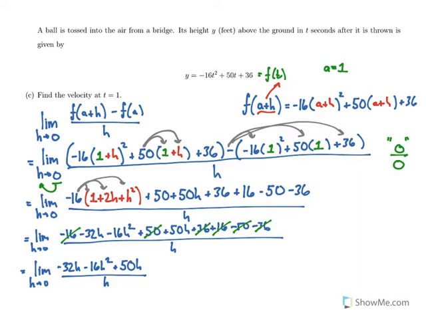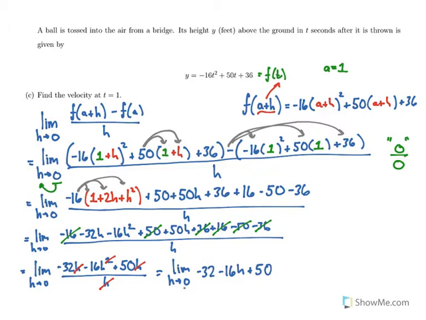Now, all I've done is simplify. I haven't really done anything algebraic yet to cancel anything out. I still have 0 over 0 in the limit, but now I have an h in every single term, so I can cancel that out, and I am left with the limit as h approaches 0 of negative 32 minus 16h plus 50.